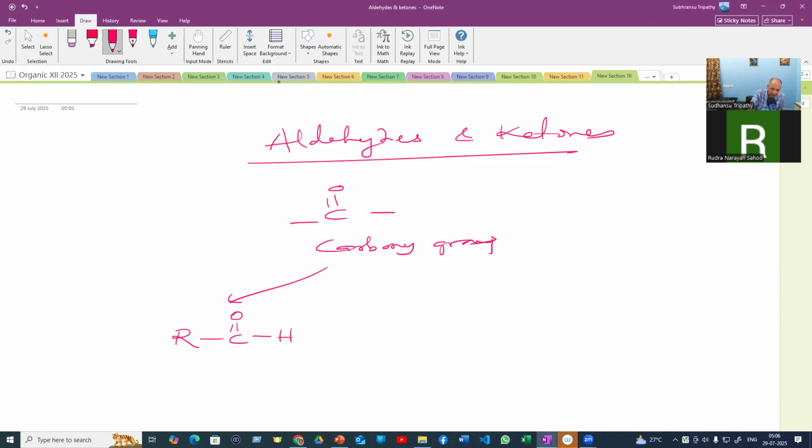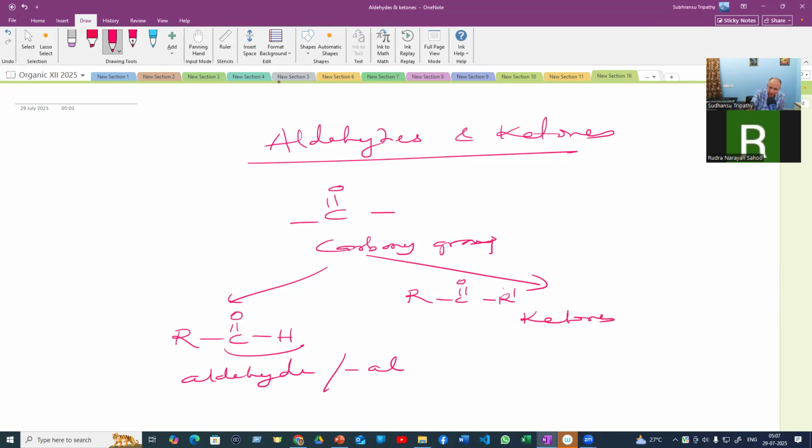So, carbonyl group, you have the other side is hydrogen. This is aldehyde, as you already know, and the suffix is al. And if both the sides are carbon chain, then they are ketones, and the suffix is one. As you know, we delete the E, for example.